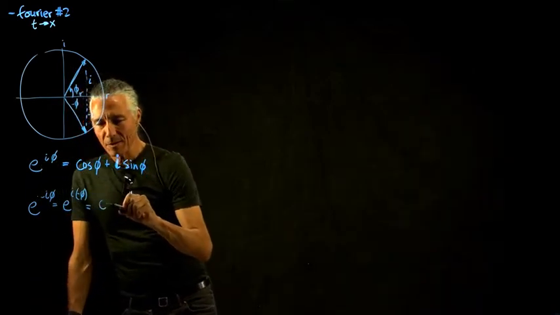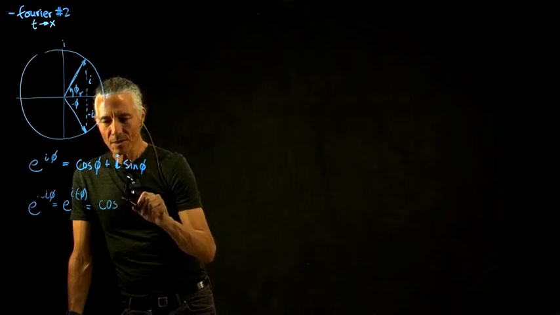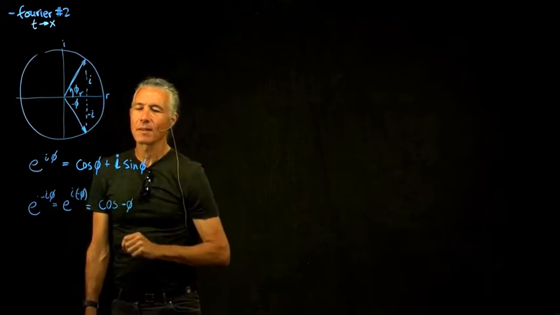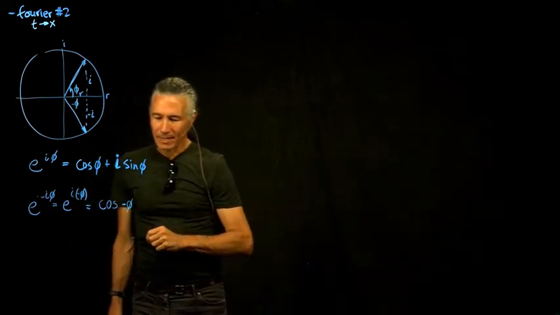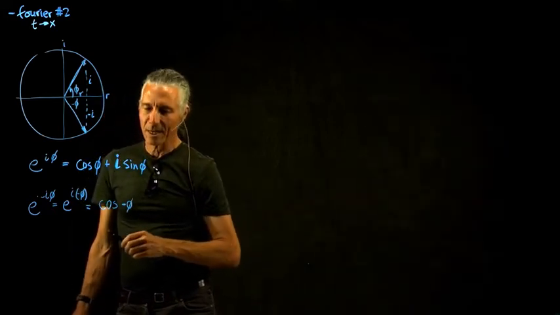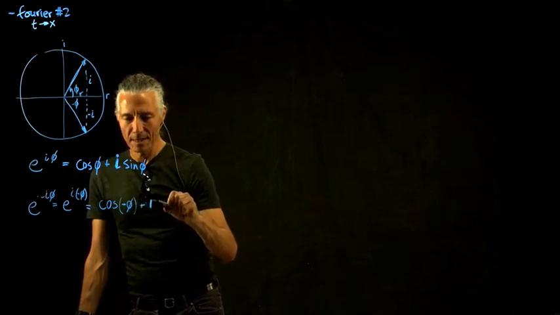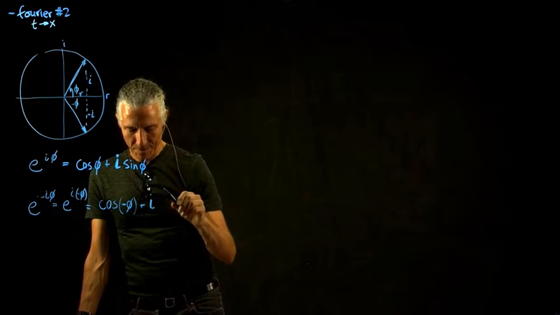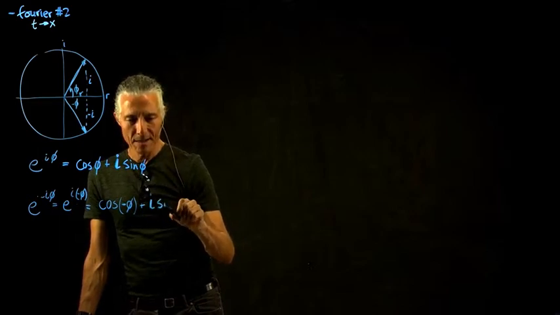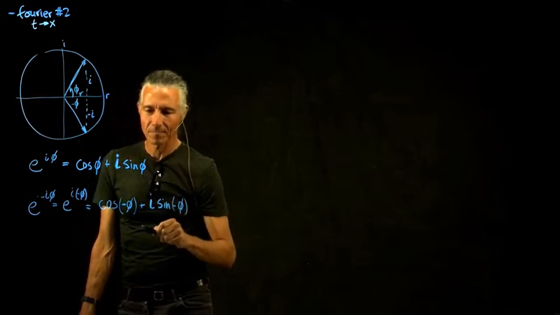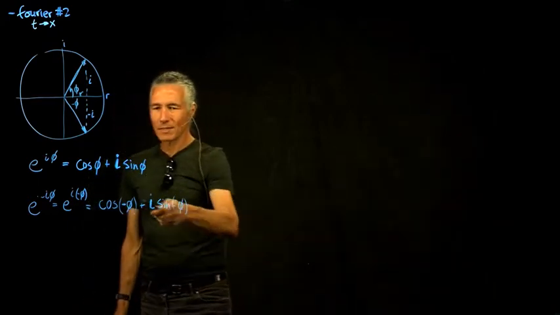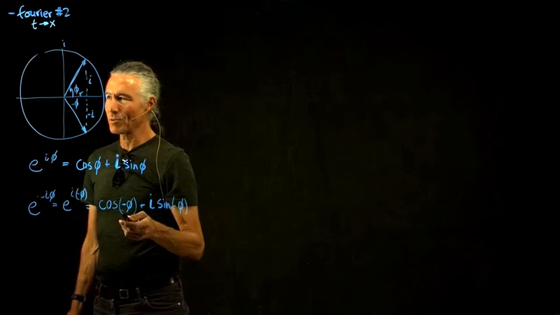But there's an asymmetry, because if you do the cosine of minus the angle, that turns out not to change. So cosine of minus the angle plus i times sine of minus the angle. It turns out this cosine of minus the angle is the same as cosine of the angle.